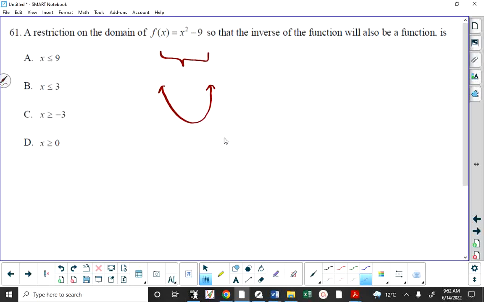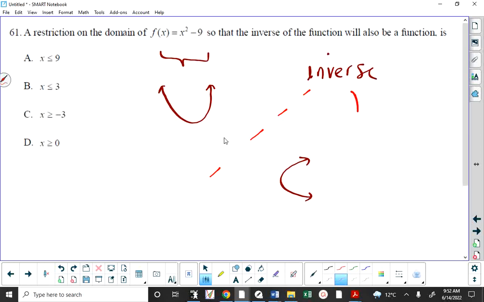Yes? Which means the inverse will be a parabola that opens sideways, because they're reflected in the line y equals x. So it's kind of folded over at an angle.